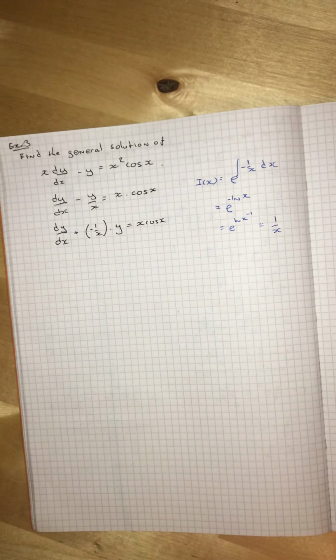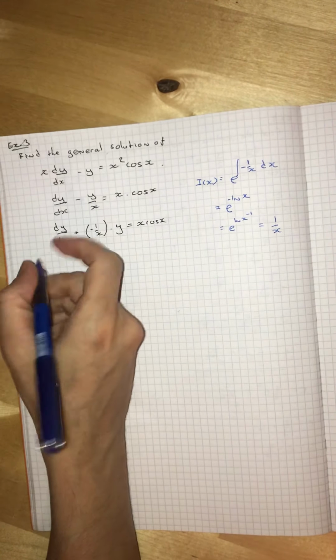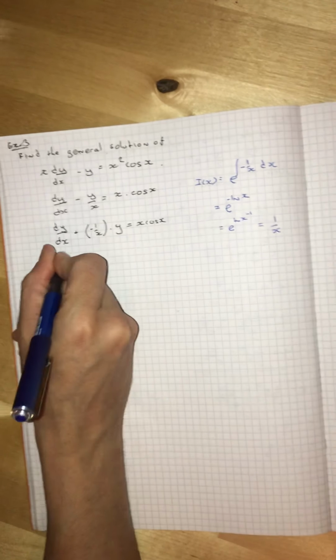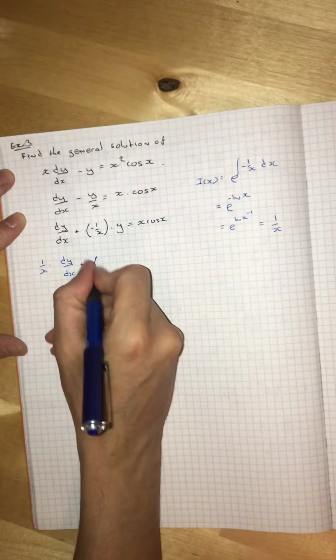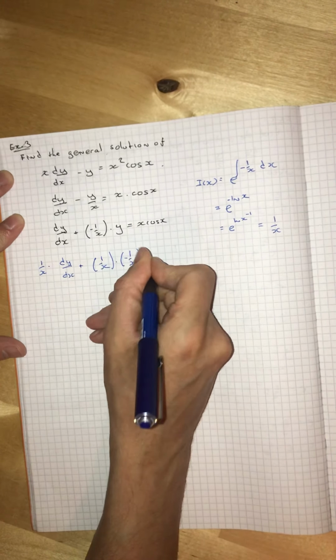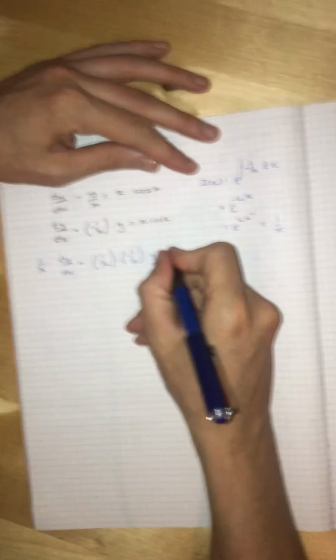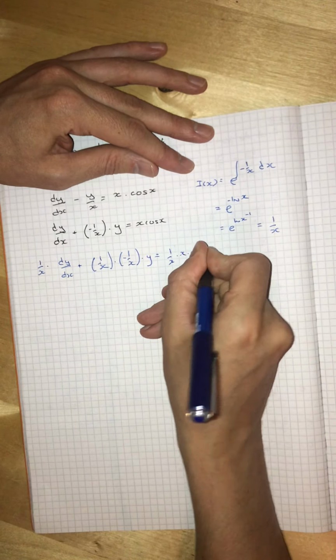Okay, so now I can multiply through by 1 over x, and I get 1 over x dy by dx plus 1 over x times negative 1 over x times y equals 1 over x times x cos x.